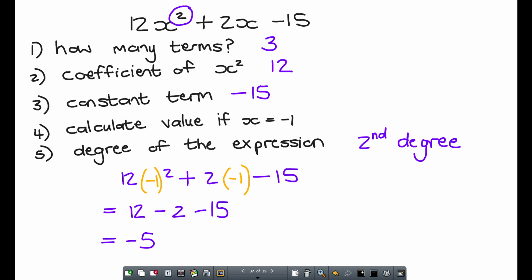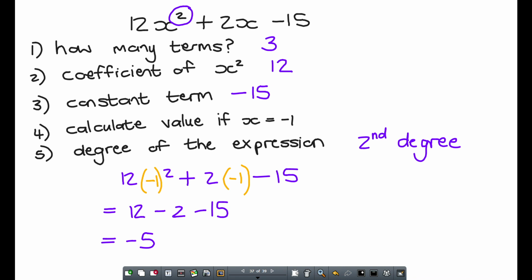We look at the exponents, and in this case, the highest one was 2, which means that the degree of the expression is like the highest number of unknowns multiplied with each other. I said it in a very complicated format. But we rather just say, look at the exponents, the highest one, that's the degree.